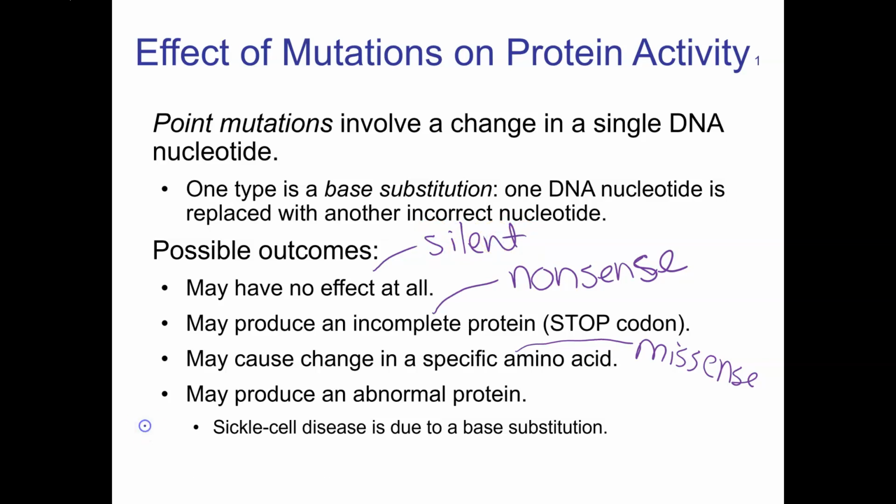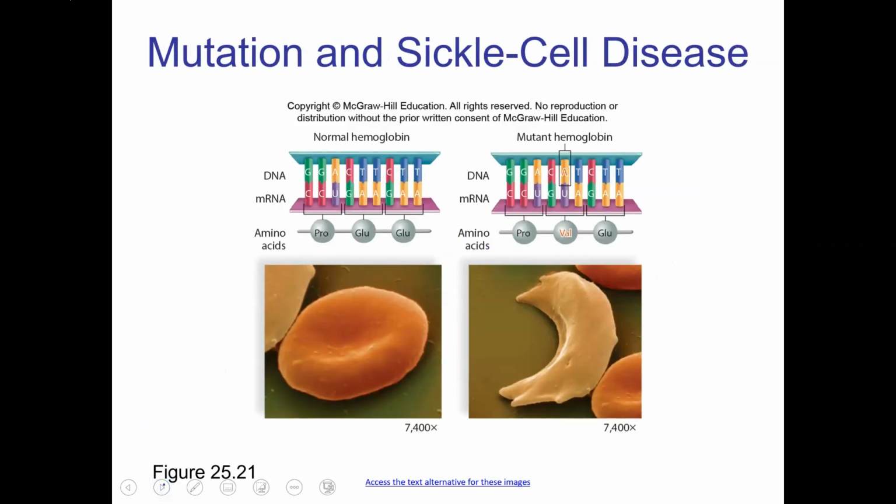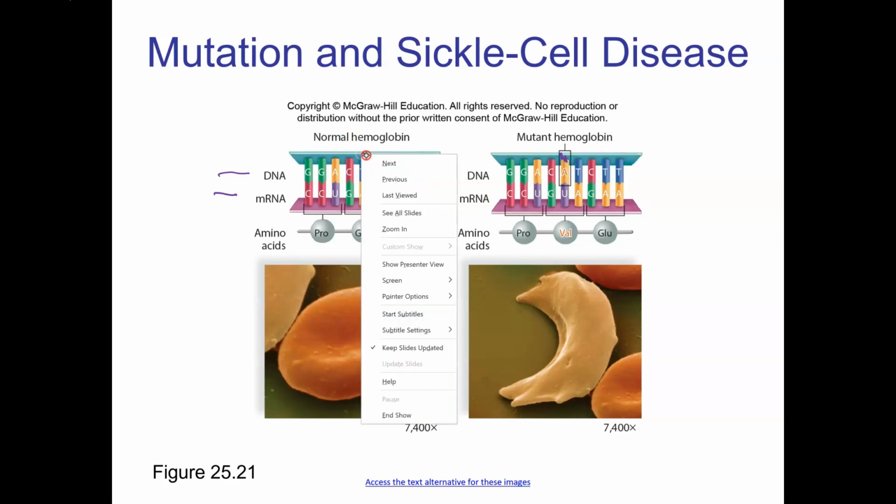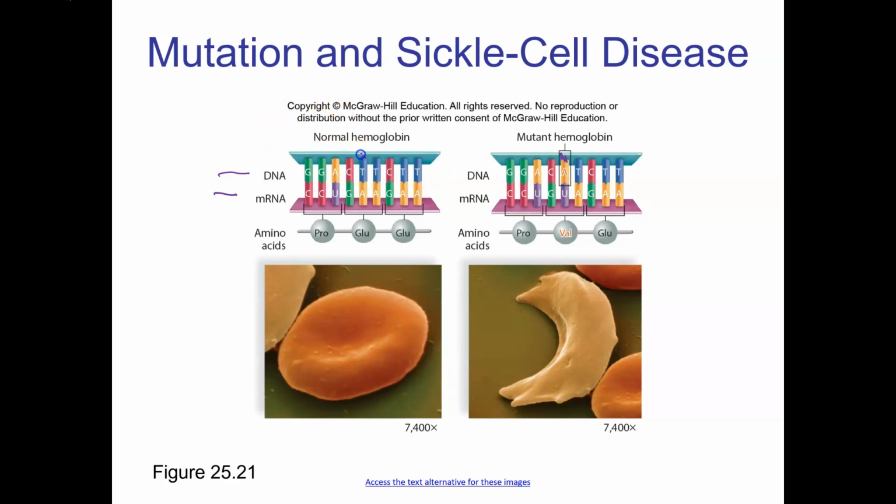So sickle cell disease is actually caused by a missense mutation. So here is what the DNA typically looks like, and then this is the messenger RNA. Now, if you look over here, there's one nucleotide difference in the entire sequence. So this is not the whole sequence, of course, of the hemoglobin. But if you look right here, there's an A, and normally you have a T. So this T here has been changed.